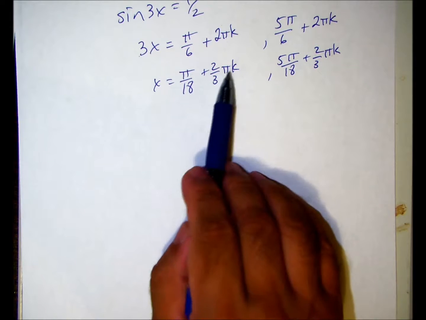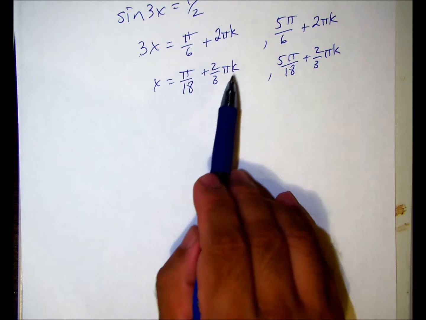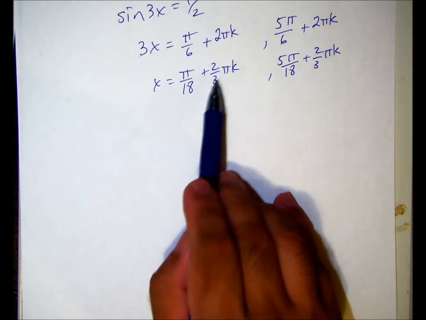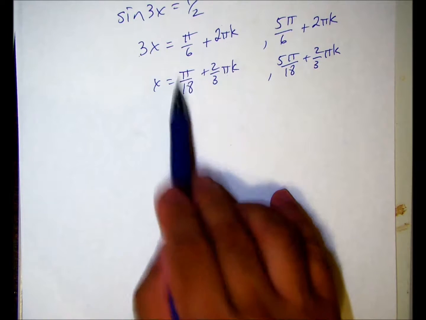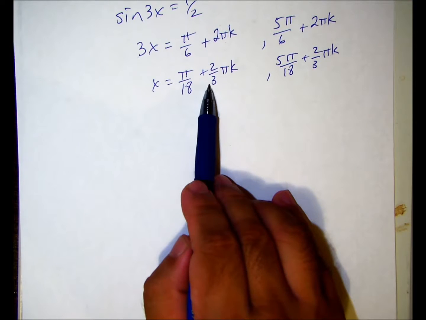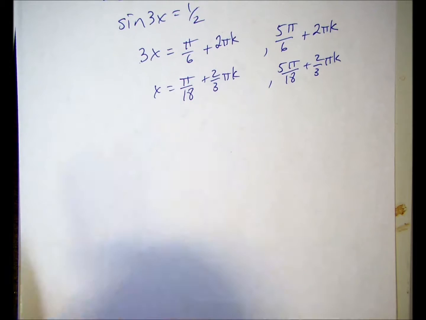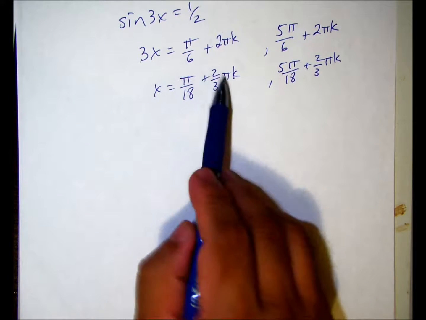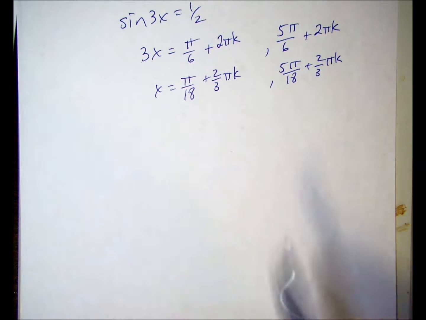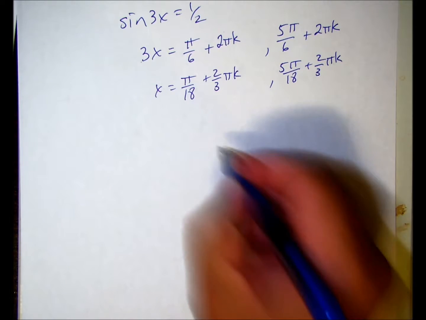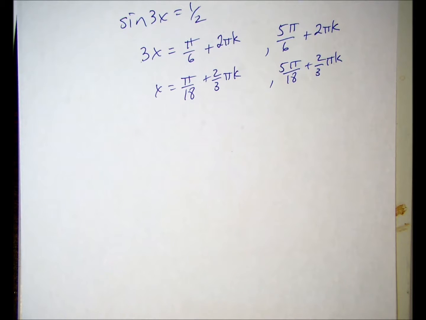Probably 0 to 3. And the reason why 3 comes to mind, if I plug in 3, I'm going to end up adding 2 pi to pi 18ths, because the 3 is going to cancel. Well, the range of values is from 0 to 2 pi, so if I am adding 2 pi to some positive number, it's going to be outside of the range. So I'm only going to look at k equals 0, k equals 1, and k equals 2.